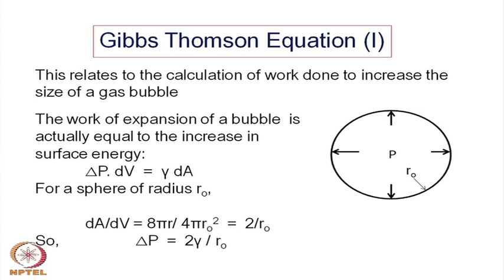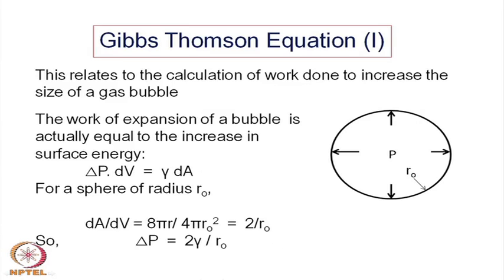For example, soap bubbles grow under certain situations and collapse under certain situations. So from that one can find out what will be the energy required, and is there any difference between the energies of the two different surfaces having two different radii of curvature. So, that is what we will see here.